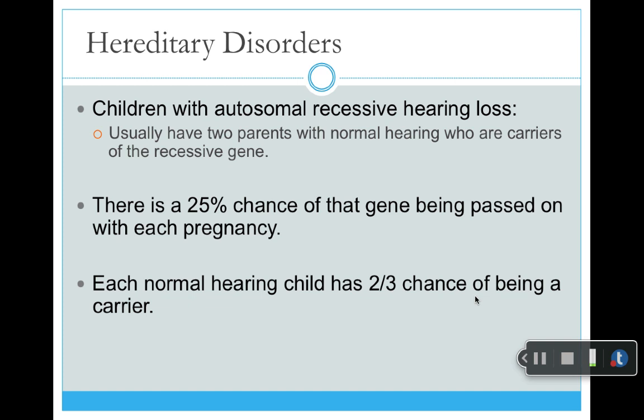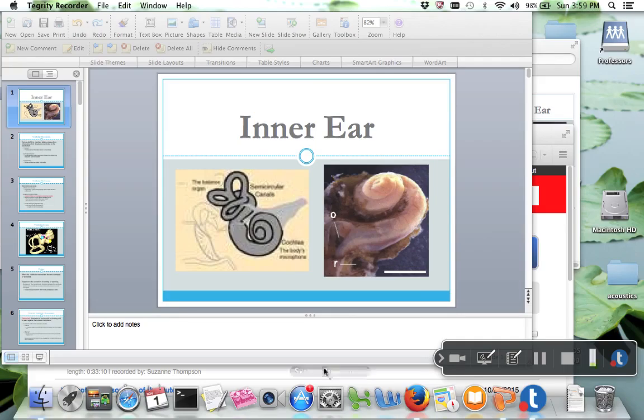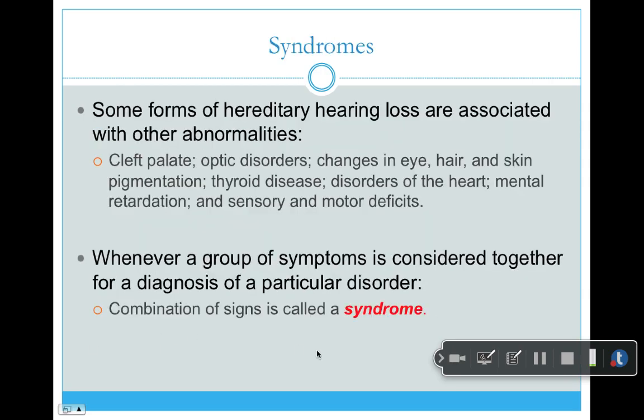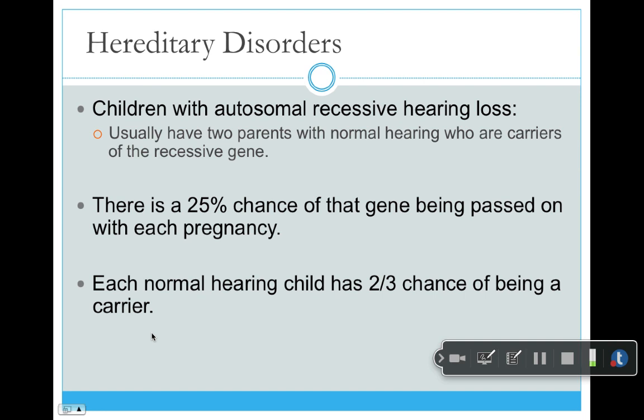So you have to go back to that Punnett square that you learned in biology. Let me see if I can draw it for you. I guess not. All right. Sorry about that. Anyway, you have to imagine one parent with a dominant gene and a recessive gene, and another parent with a dominant and a recessive.